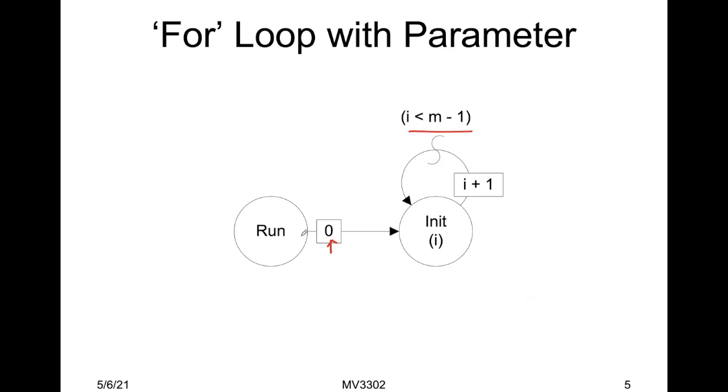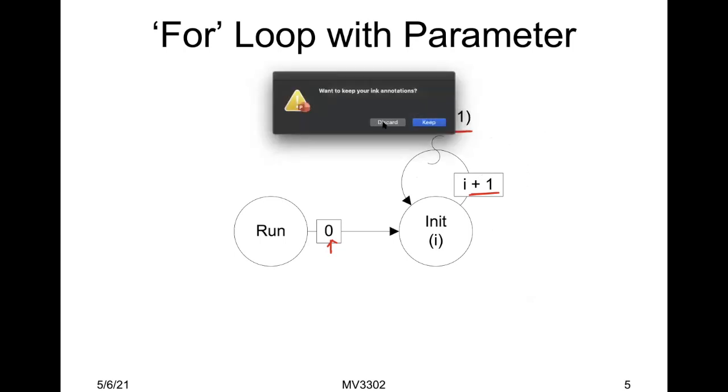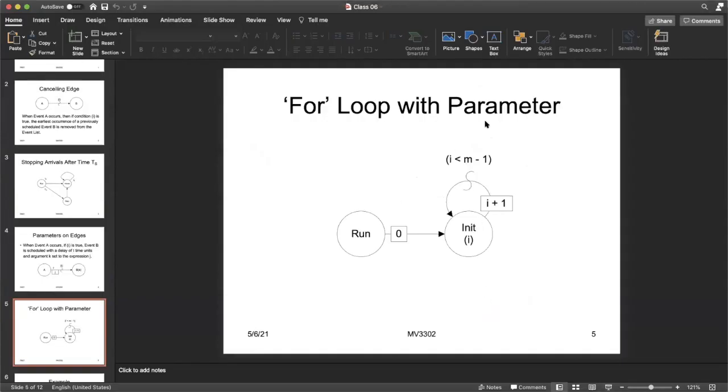Okay, so again, you start off, we pass a 0, and then every time init occurs, we're going to schedule another one with 1 more, until I becomes equal to m minus 1, and then we don't do it. Okay, so let's look at how that looks code-wise.